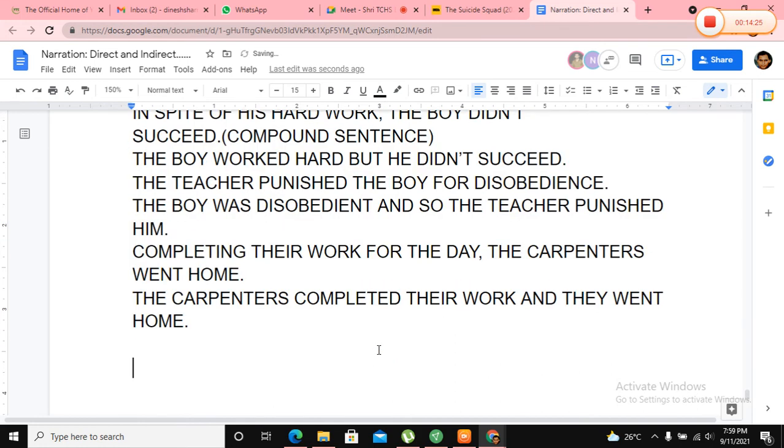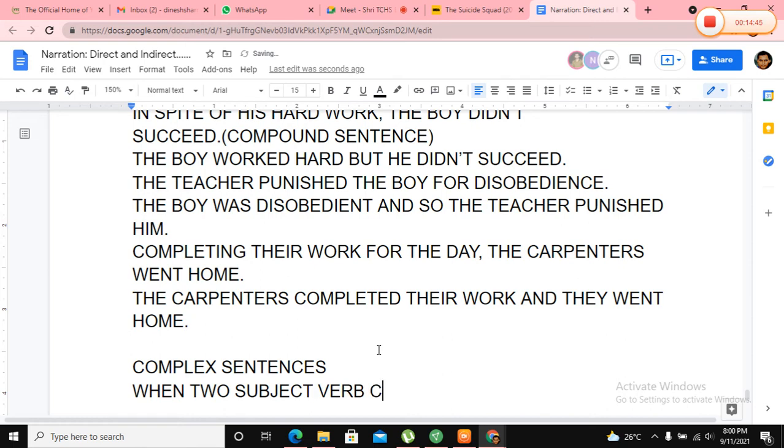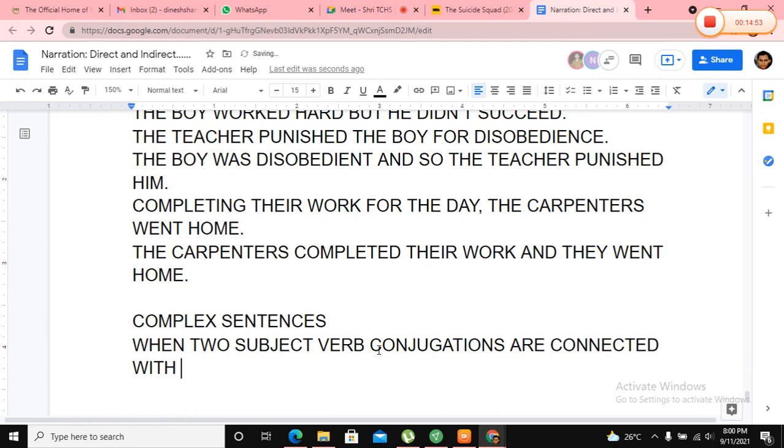The third type is the complex sentence. A complex sentence is when two subject-verb conjugations are connected with subordinating conjunctions.